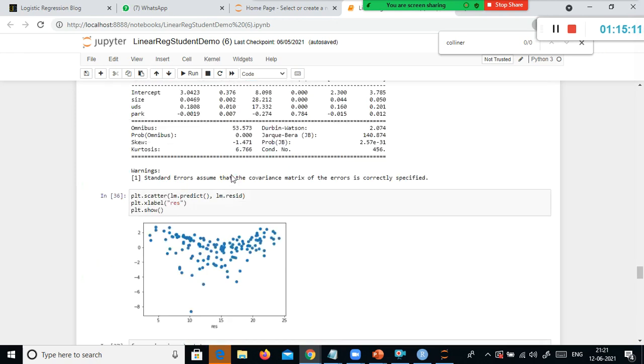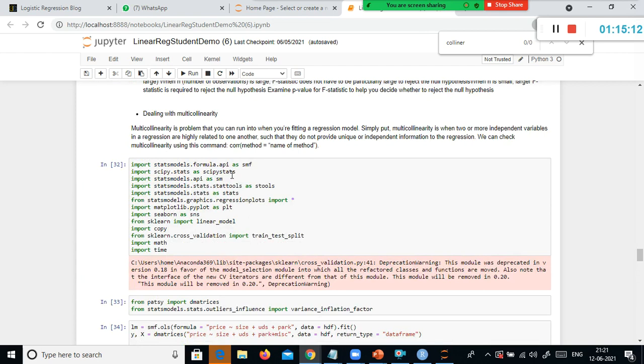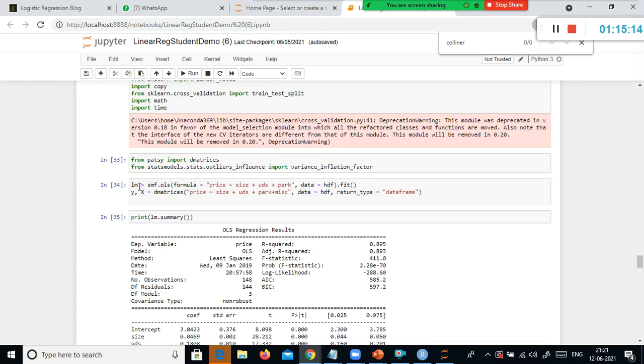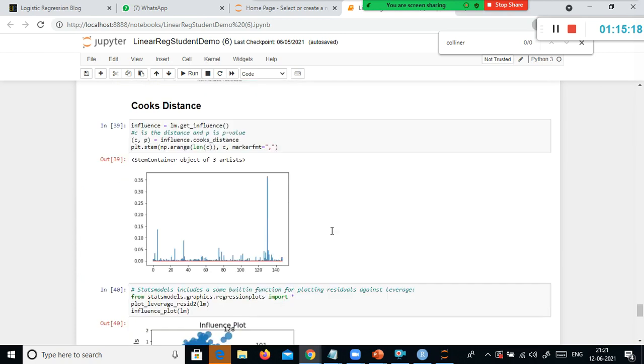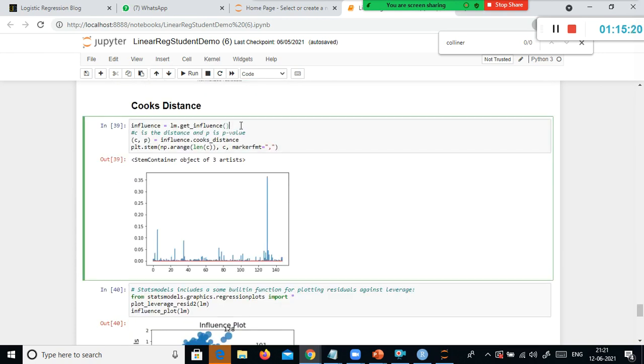What is lm? lm is my model name here, my linear regression model name. You are creating an instance for Cook's distance, and influence.cooks_distance is a method available as part of influence. It returns two values, c comma p.